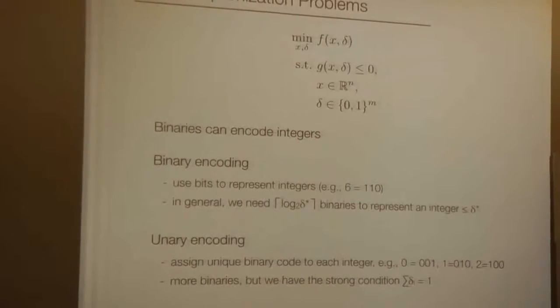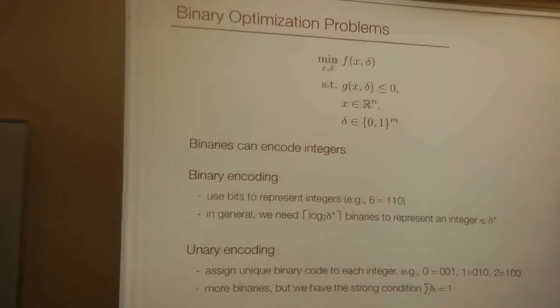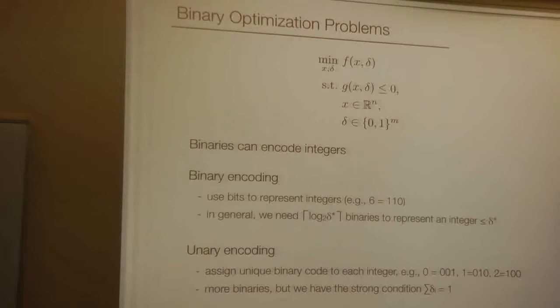So from now on we will only focus on binary optimization problems, because they can internally also represent integer optimization problems. If we have an algorithm which solves a binary problem, we can also solve integer problems using the same algorithms just by providing this encoding. Okay? So that's one point.